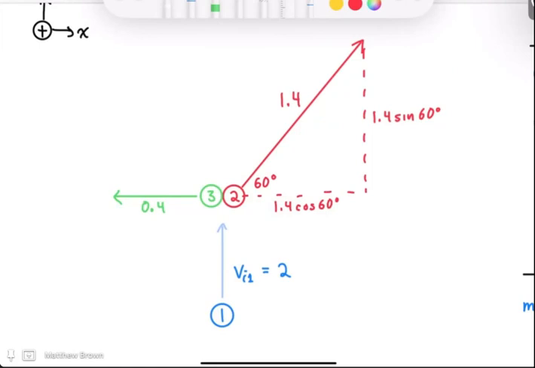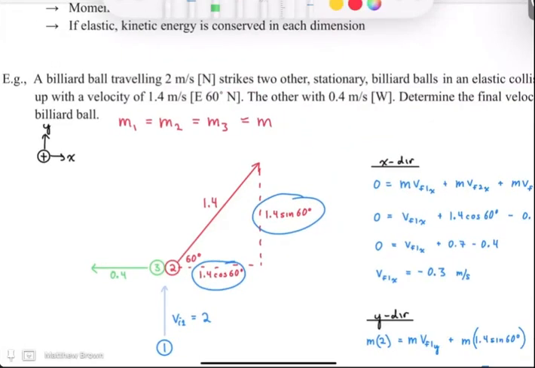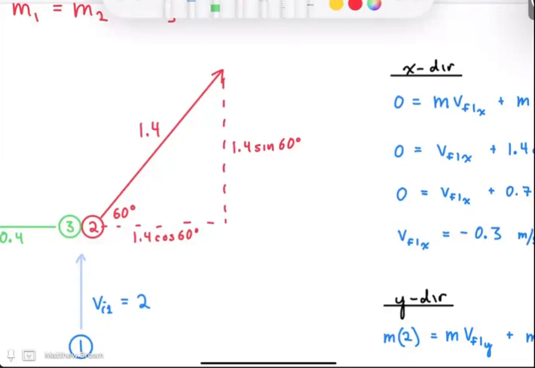Hard to say exactly, but what I did here is I said, I know that angle is 60 degrees. It was reported as east 60 degrees north, so that's the way I drew it. And as always, if you need to, start with the actual angle.